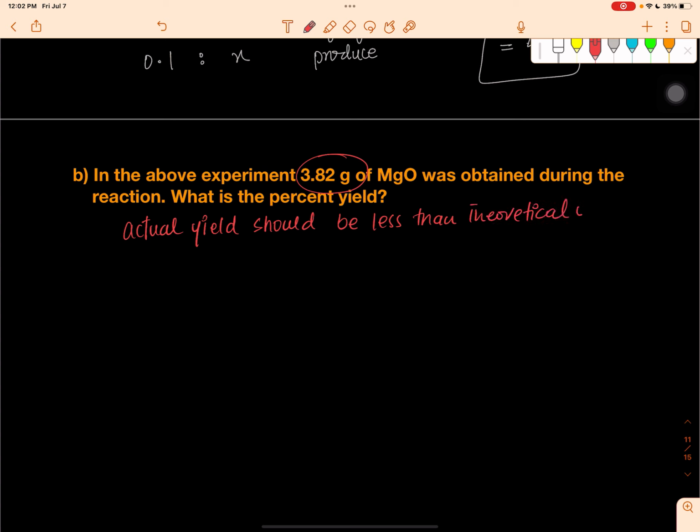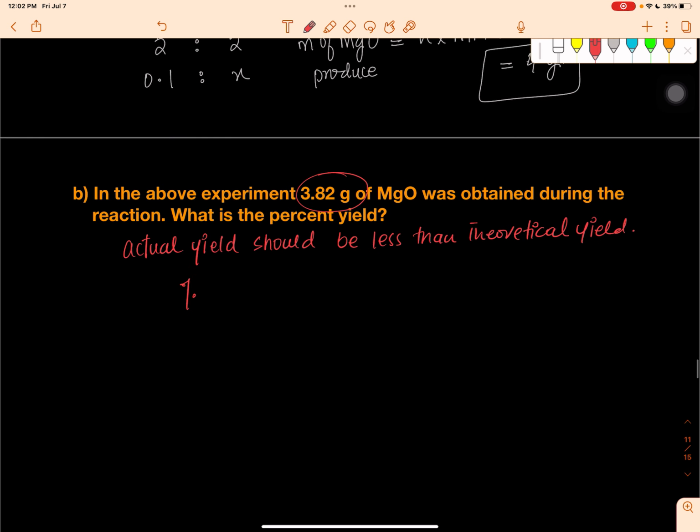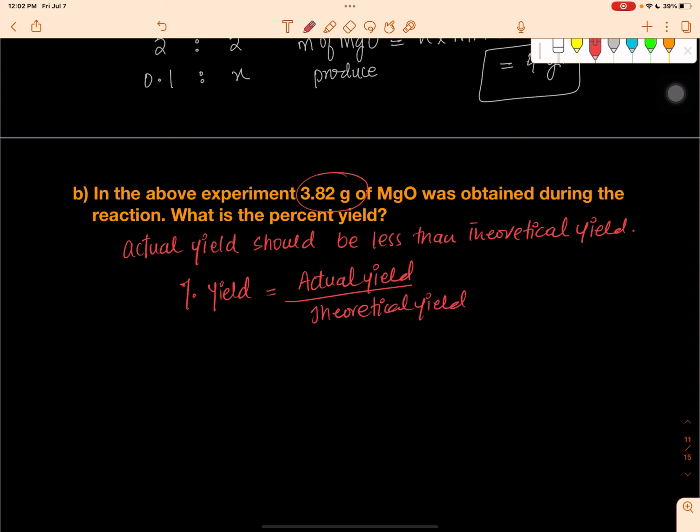And when we find out the percent yield, then that percent yield is actually the ratio of the actual yield over the theoretical yield, times 100. To get the percent, we must multiply it by 100.